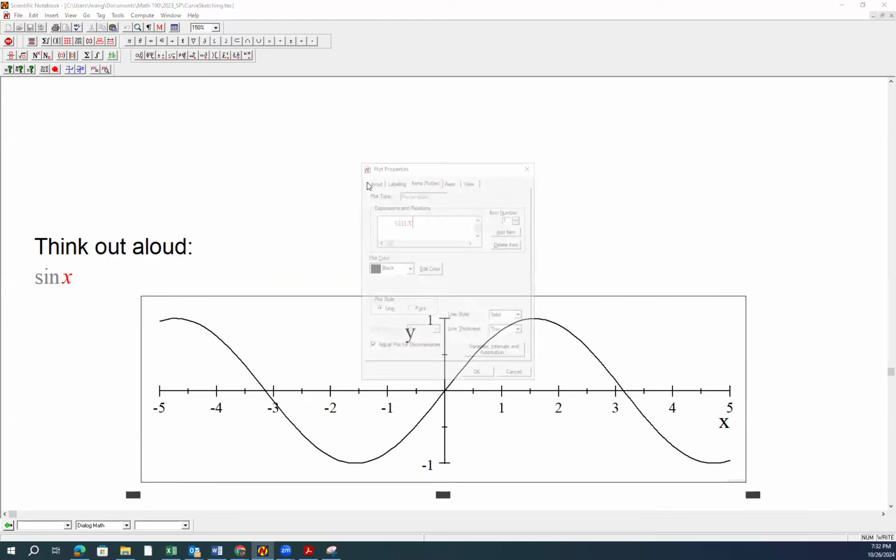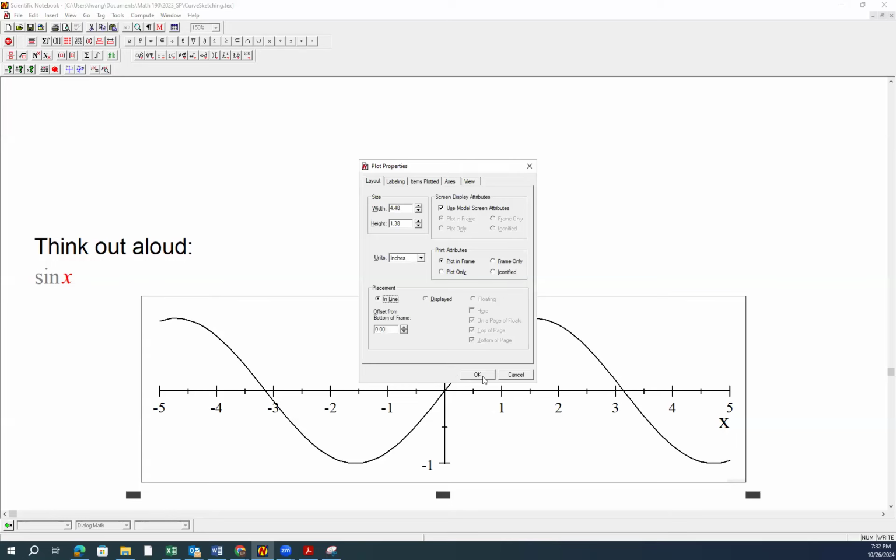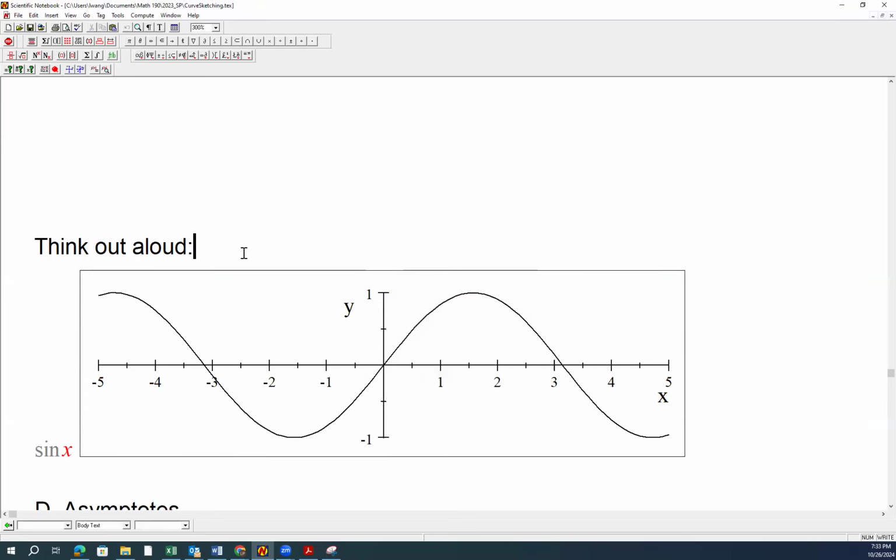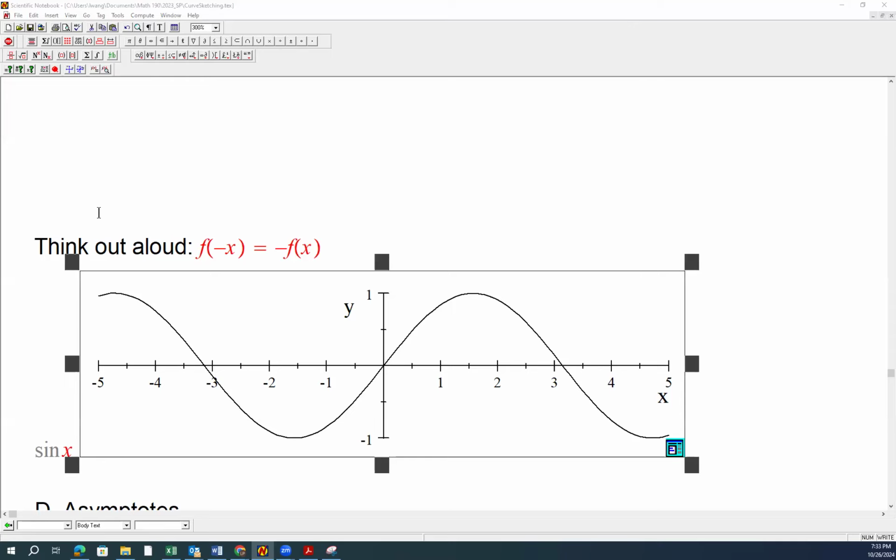How do we know it's odd? An odd function has this property: f of negative x equals negative of f of x. What does this mean? It means that when the inputs are opposite, their outputs are opposite too. For example, input is the angle, right?